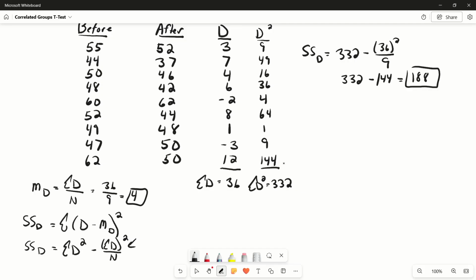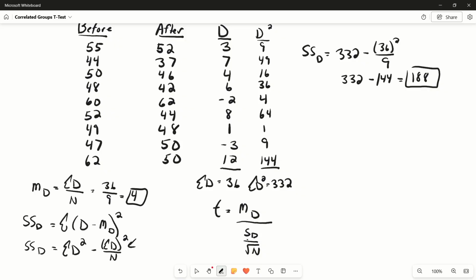Now we have to find the standard deviation because we're going to have to plug into t. And this t is just like the single sample t. So t is going to be the mean of the difference scores on top, divided by the standard error of the difference scores, which is the standard deviation of the difference scores divided by the square root of n, where n is the number of difference scores, or the number of pairs of scores, whatever you prefer.